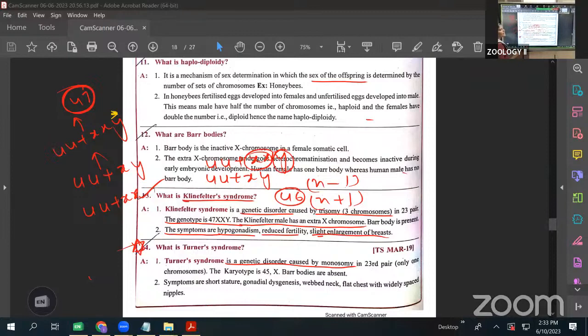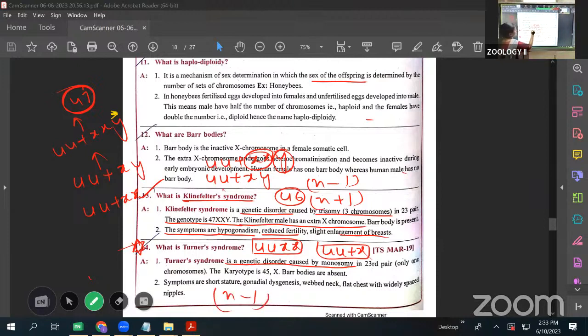Here in this condition, one chromosome is missing. Normally females have 44 plus XX chromosomes, but in this condition they have 44 plus X only. Here 44 plus XX is normal, and in N-1 it is monosomy.